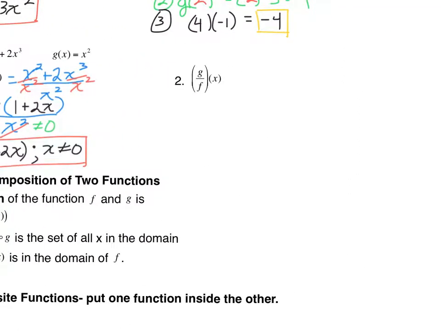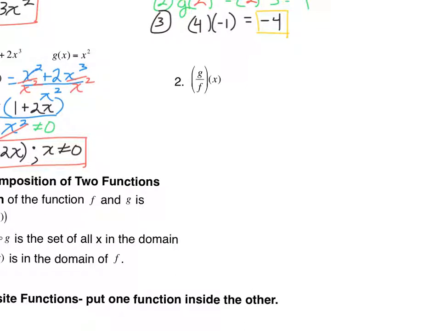Okay, so as I'm looking at number 2, I'm going to take my g function, which is x squared, divided by my f function, which is x squared plus 2x cubed.